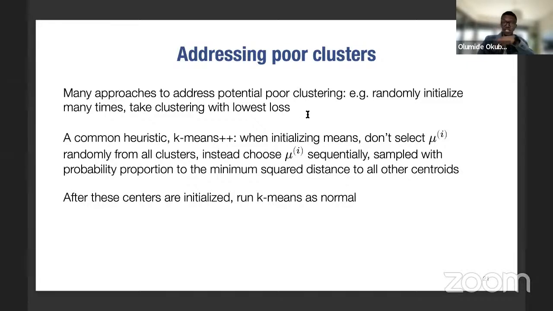And so when we randomly initialize like this, it's no longer purely random. We have a better chance of convergence, right? What we see with K-means++ is that we always converge better, and we have much more consistent results.